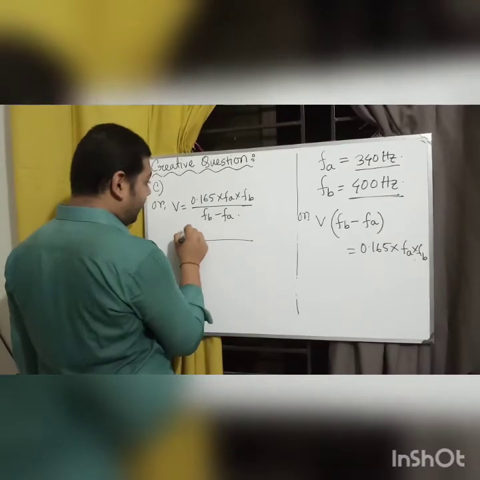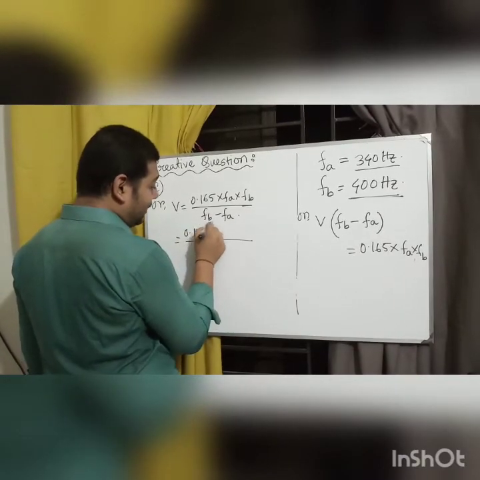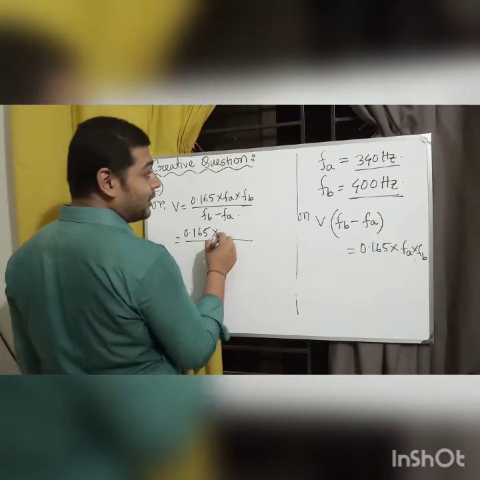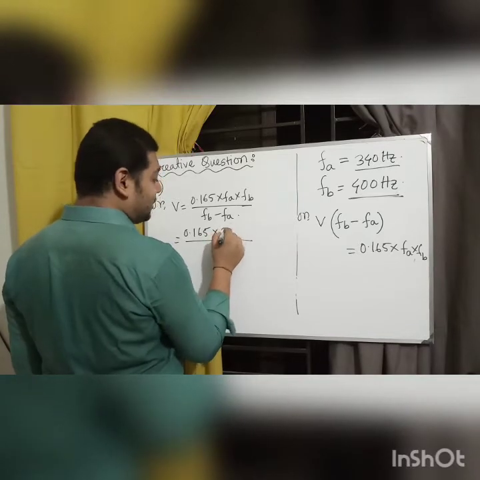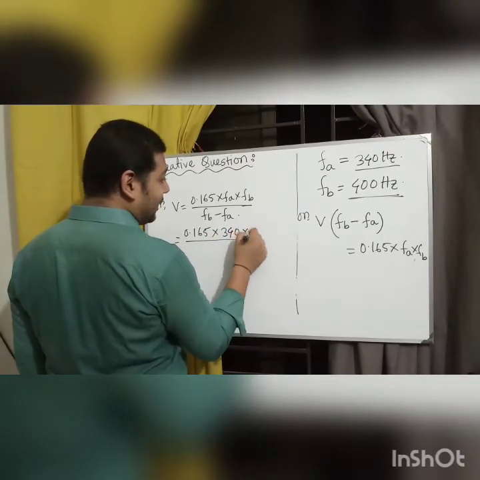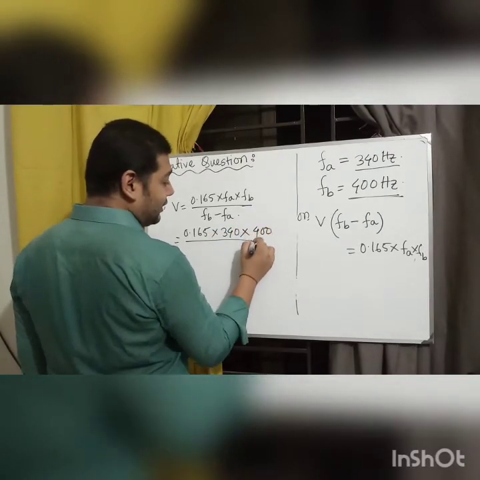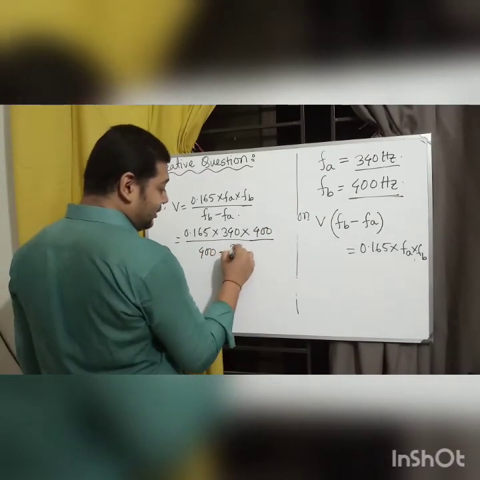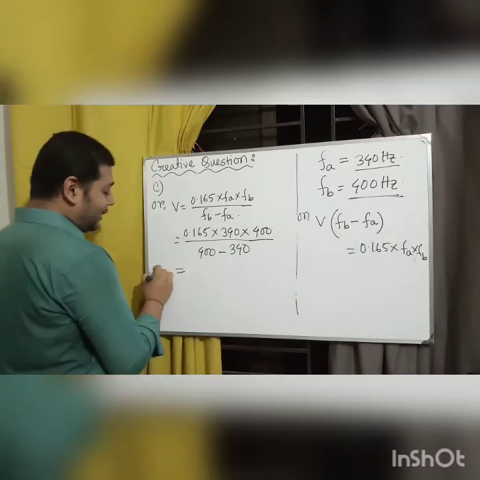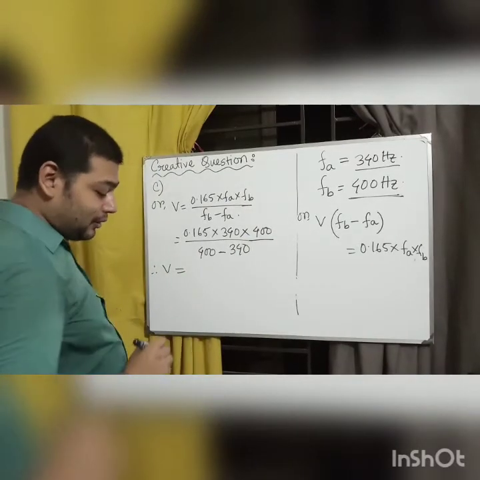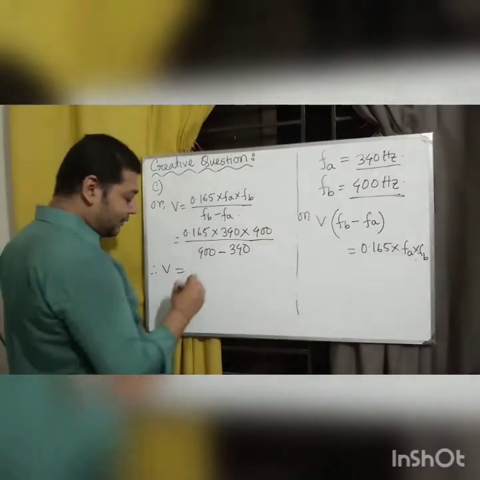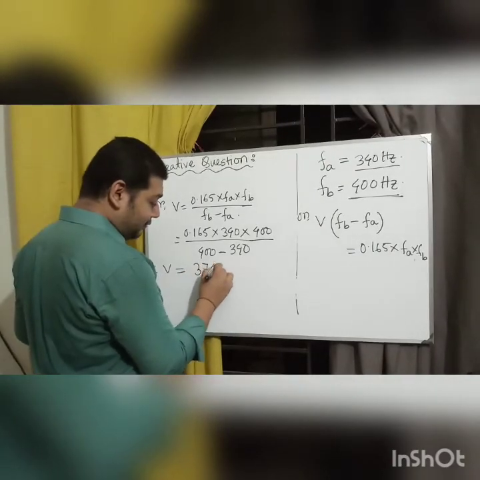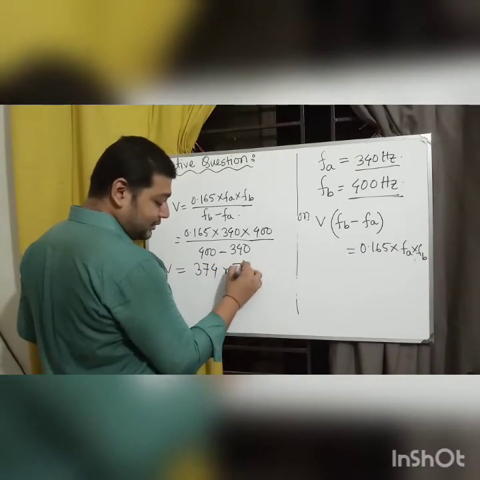So putting the value of Fa and Fb and calculating, we will get Fa is 340 Hertz and Fb is 400 Hertz. Here 400 minus 340, by calculating, therefore V is 374 meter per second.